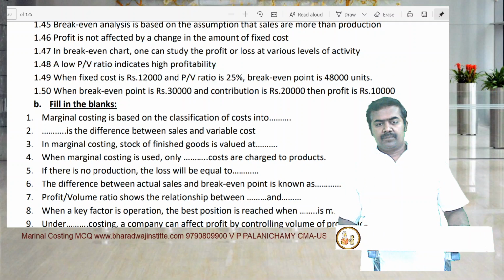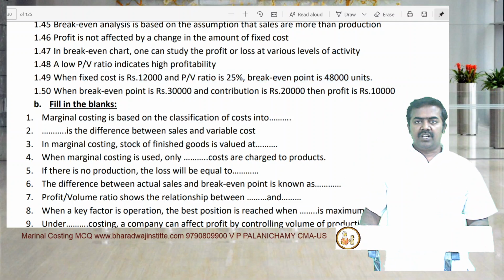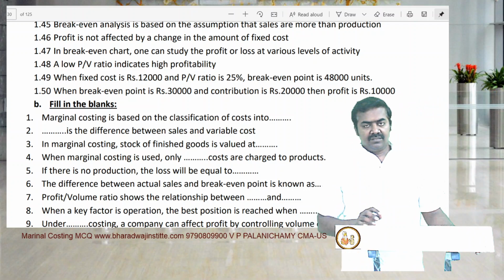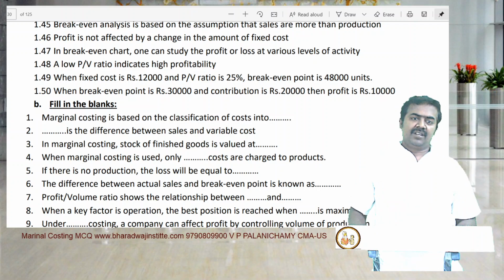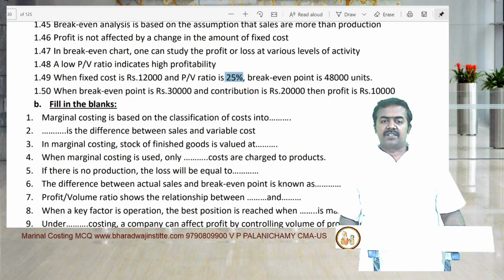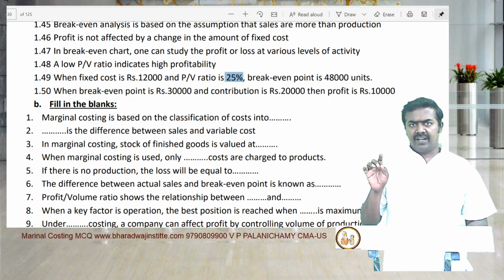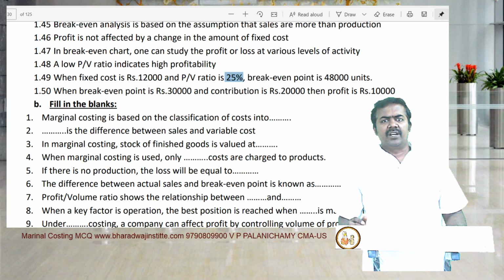When fixed cost is 12,000, PV ratio is 25%, break-even point is 48,000 units. Try this, if you have not tried it. Fixed cost by PV ratio gives us break-even point. 12,000 divided by 25% will give us 48,000.